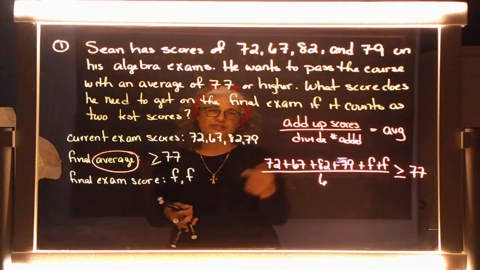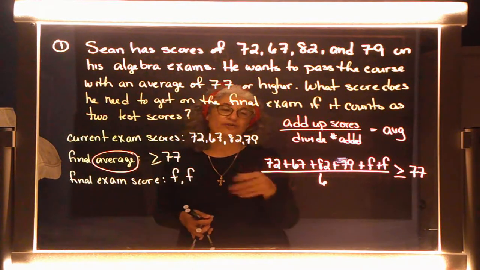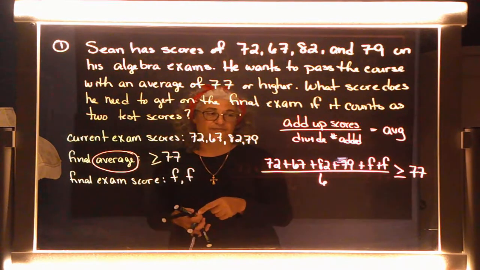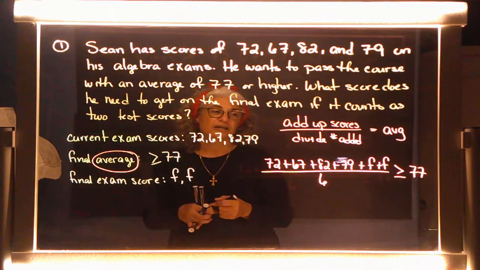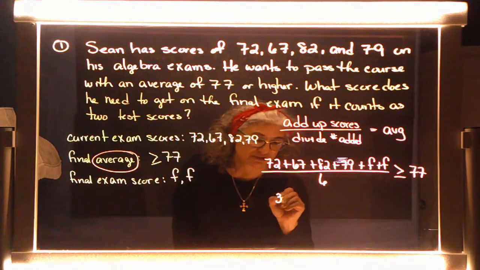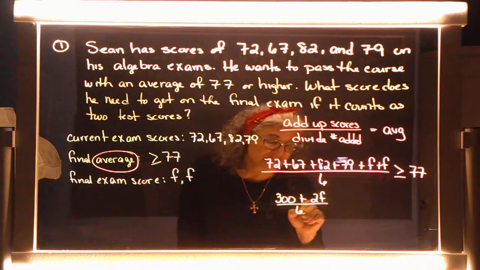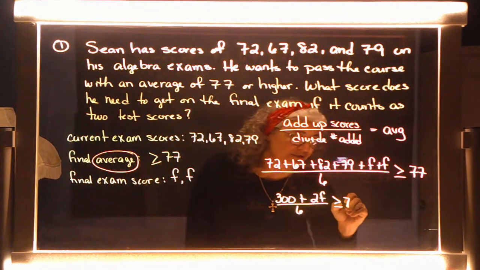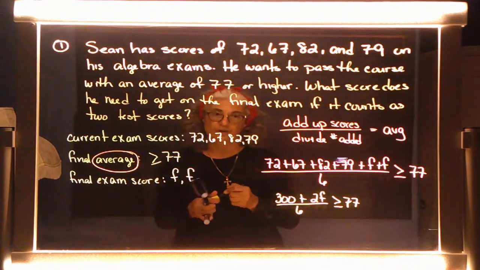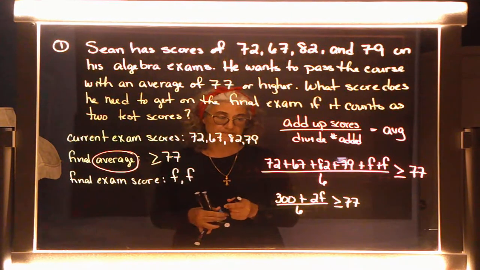All right, so what are you going to do first? Yeah, I agree. I'm going to add these 4 exam scores up first. What did you get? Good. I got the same thing. I got 300 plus 2F divided by 6, and that's greater than or equal to 77. What are we going to do next? I agree.